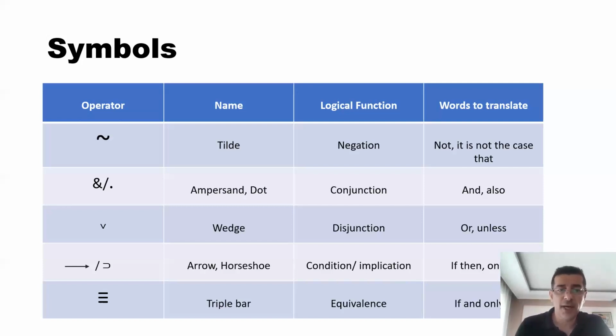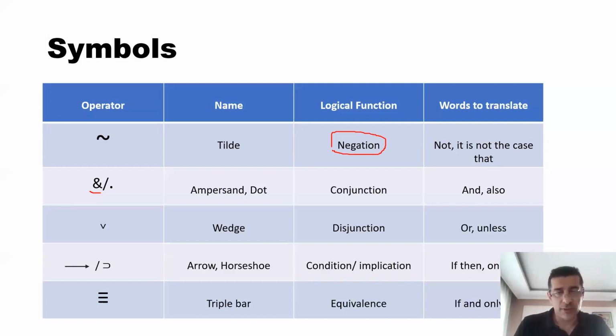So the first one, the operator tilde, this wiggly line or wiggly dash, is what we use for negation. And the words that we use for that are not, or it's not the case that. The operator and takes the form of the ampersand, right? Or a dot.